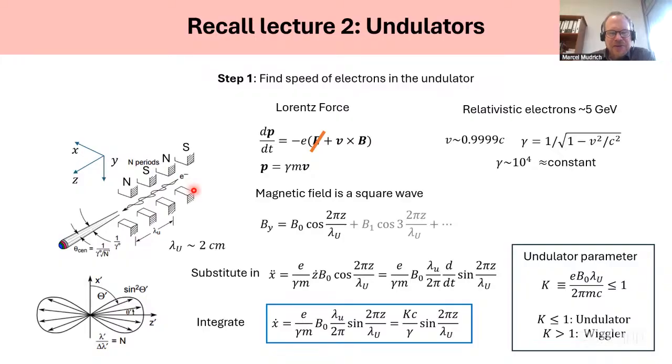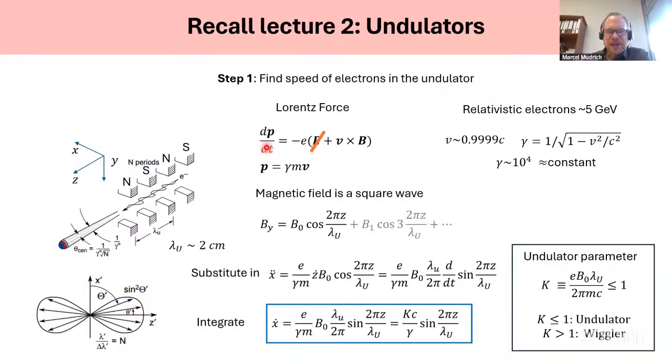of how we derived the wavelength of the radiation emitted by an undulator. The starting point was relativistic electrons flying through an undulator, this periodically poled magnetic field. We considered that electrons experience a Lorentz force based on their velocity and the strength of the magnetic field.